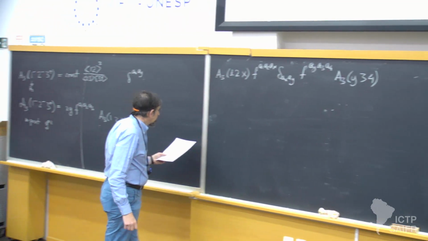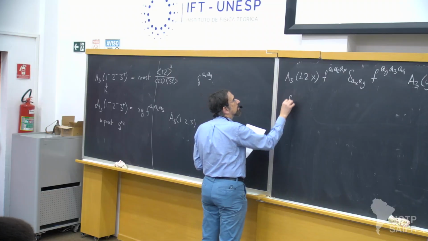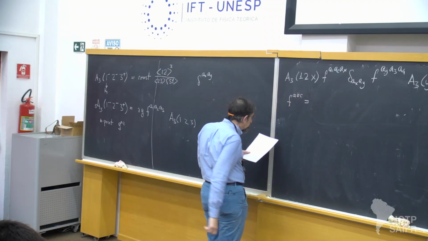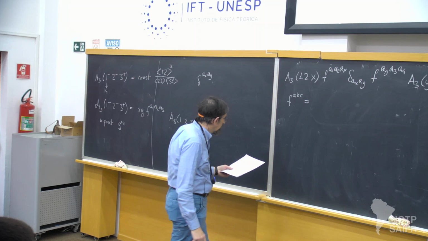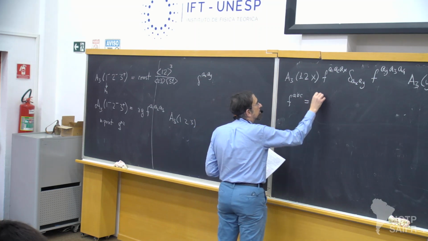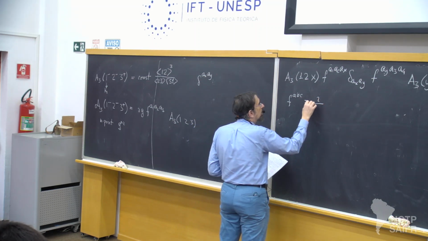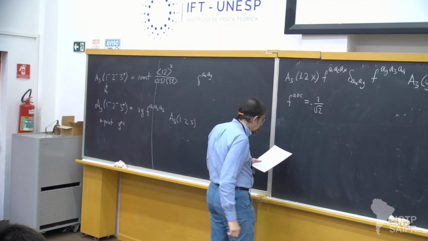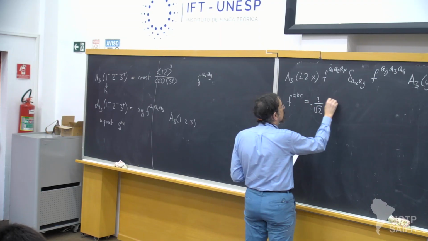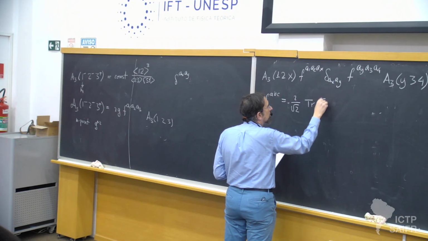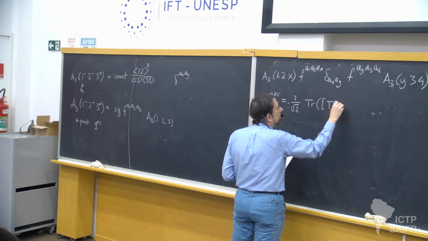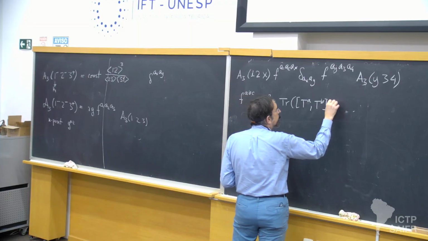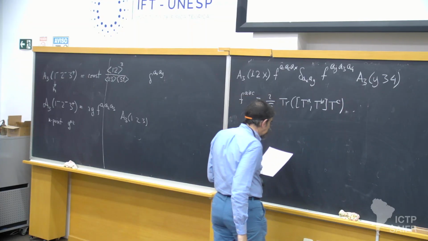So the structure constants we can write in terms of traces of generators in the fundamental representation, and the normalization here may be a little bit different than what you're used to. There are a variety of conventions.